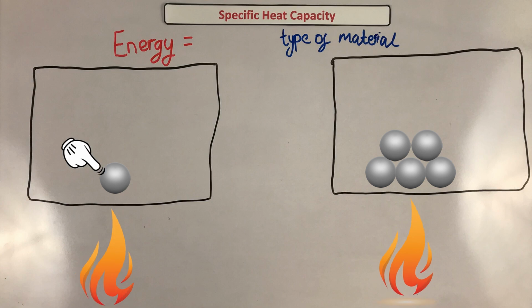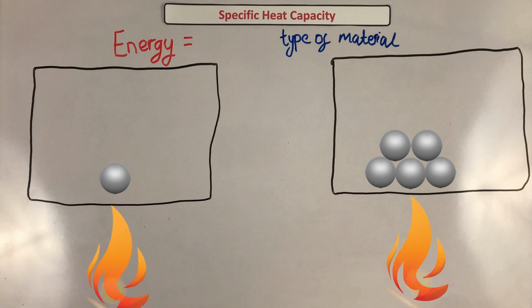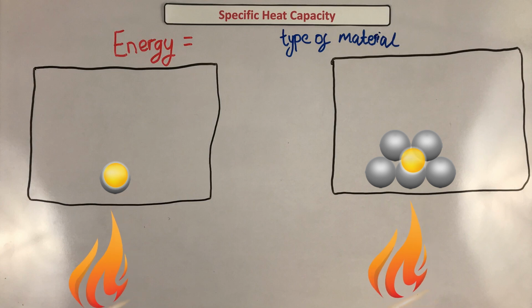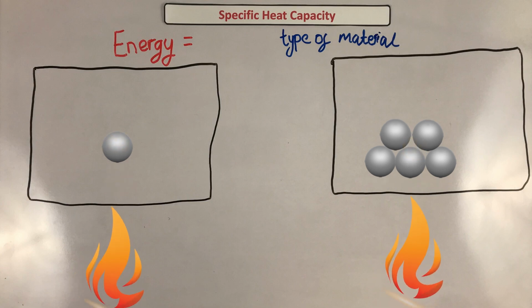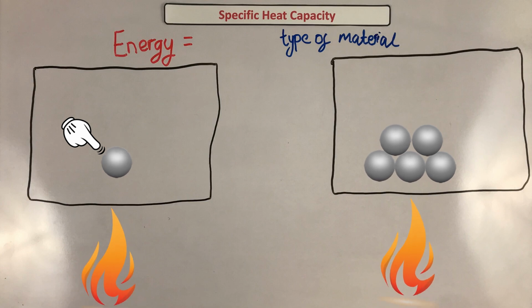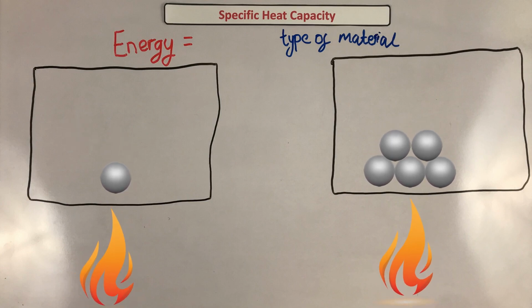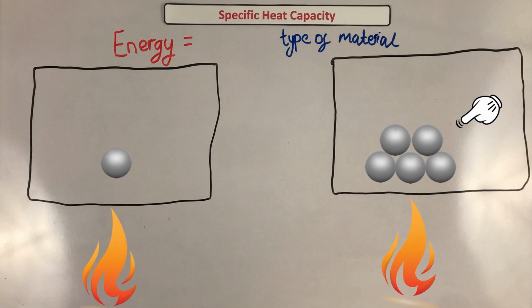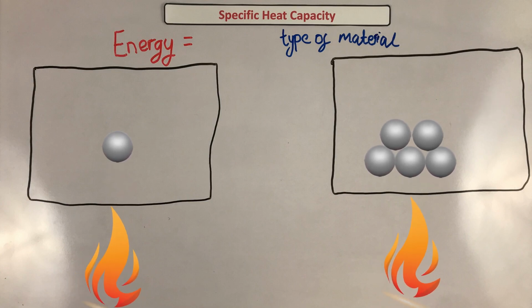That's because it has fewer particles inside it than the 5 kilogram material. They both receive the same amount of heat energy, but this heat energy needs to be evenly distributed amongst the whole material. That means that in this example, the 1 kilogram one receives all of that energy, while the 5 kilogram one has 5 times the particles to receive that energy evenly distributed.